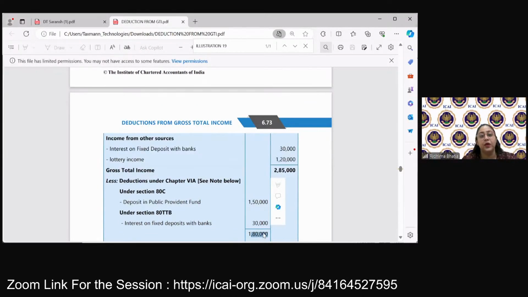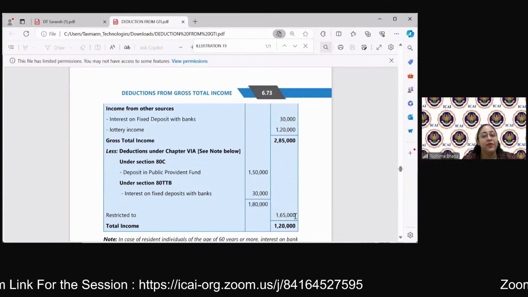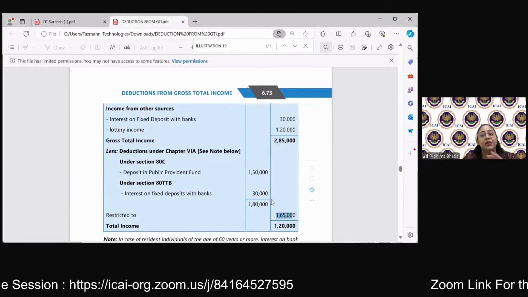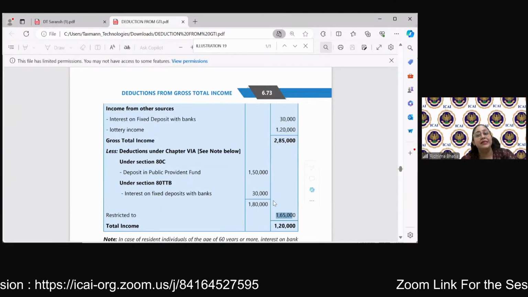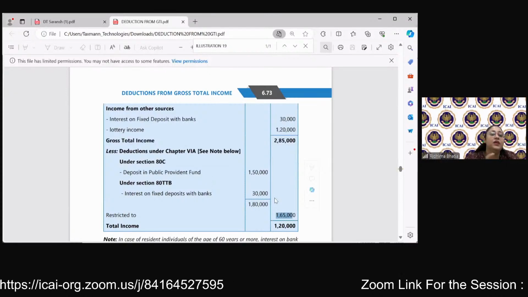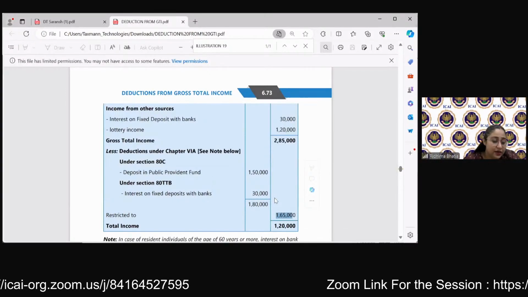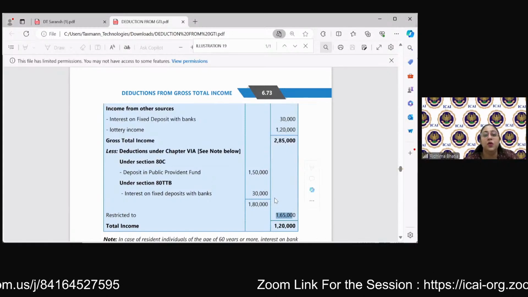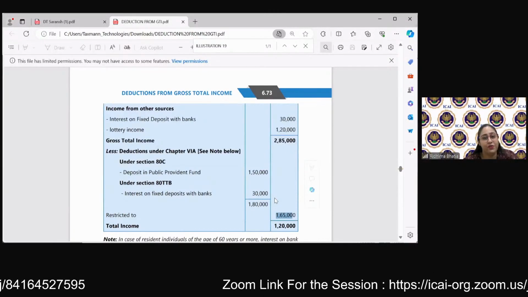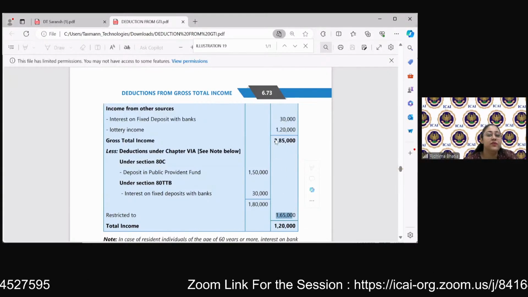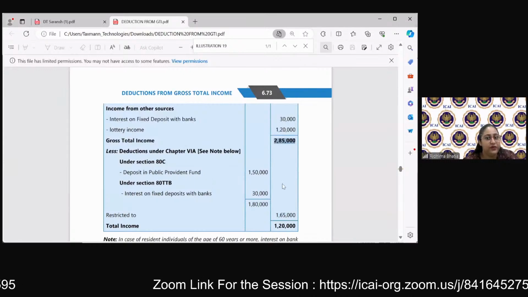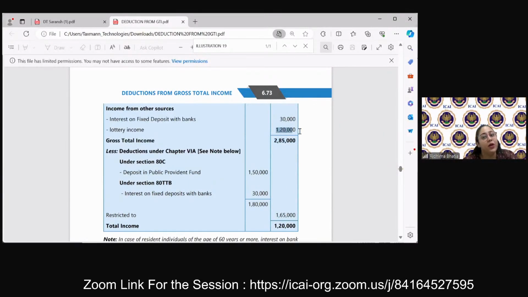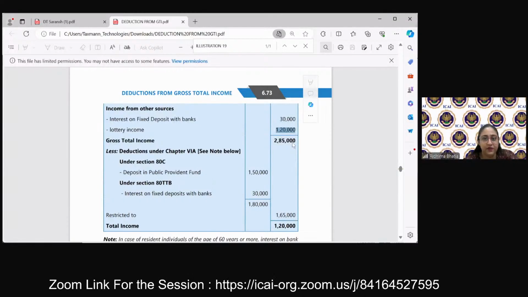Now this is 180. The interesting part is, ma'am, why is this restricted to 165? Why are we not getting 180? The reason is, remember at the beginning of the class, I told you that the deductions from gross total income are from normal incomes. They are not allowed from special rate incomes. So even if I have a total income of 285, I cannot claim deduction from 120. 120 has to be taxed at 30% flat.